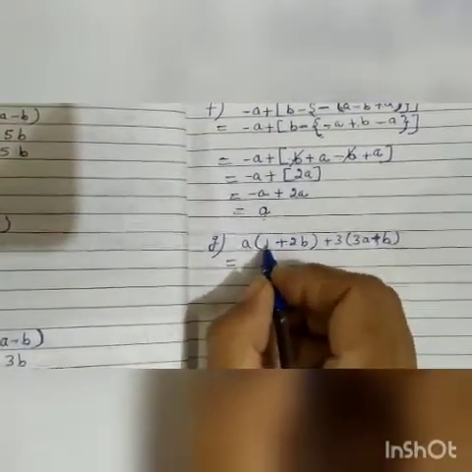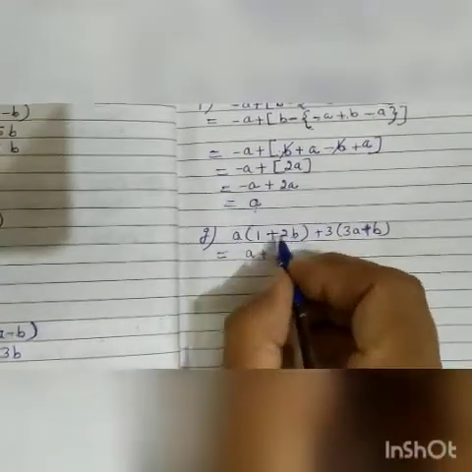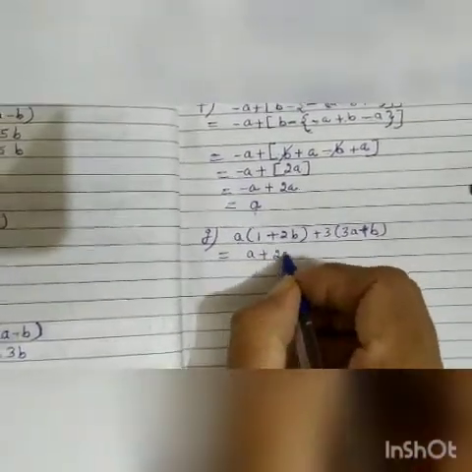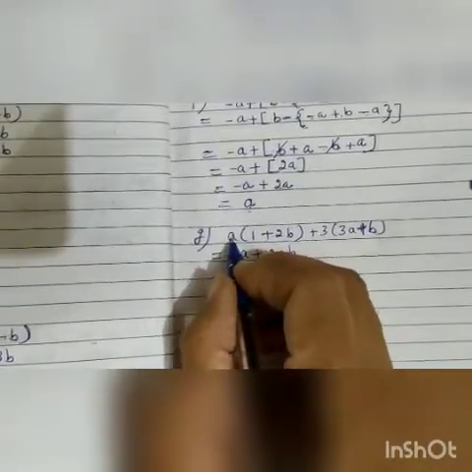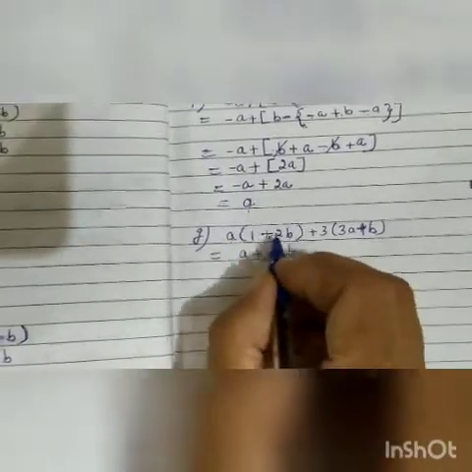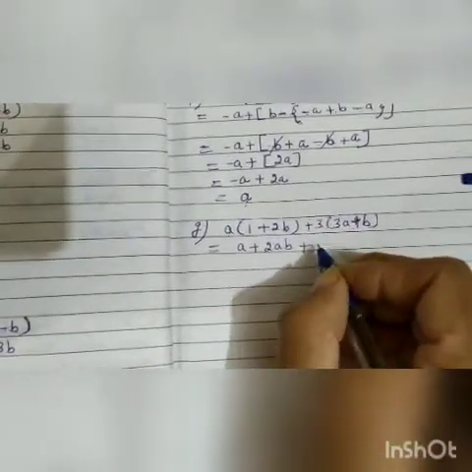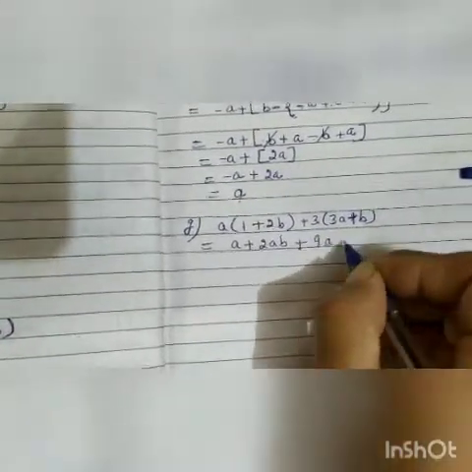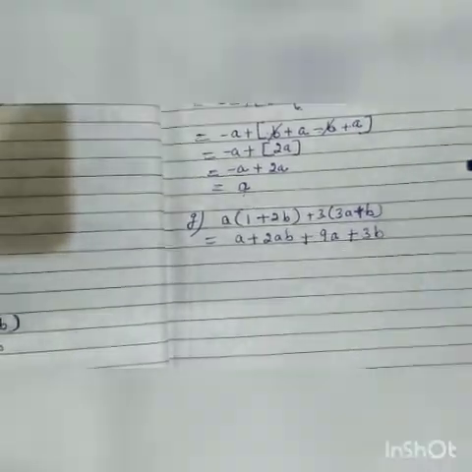So it will become a, plus when we multiply a by 2b, it will become 2ab, because this is 1a, it will be considered as 1a. So 2ab plus 3 times 3a is 9a plus 3 times 1 is 3b.